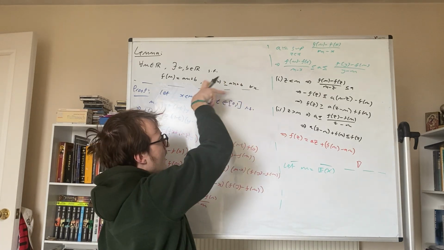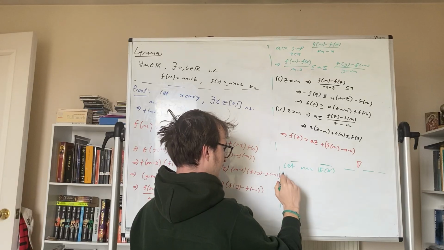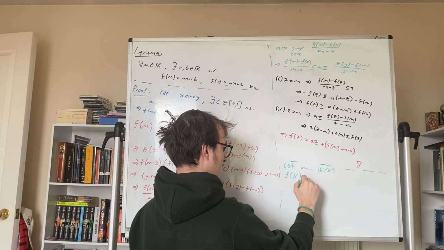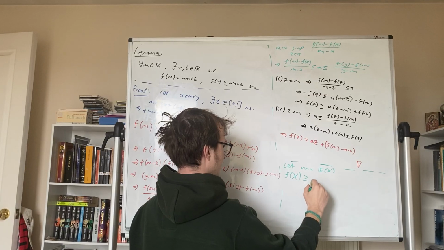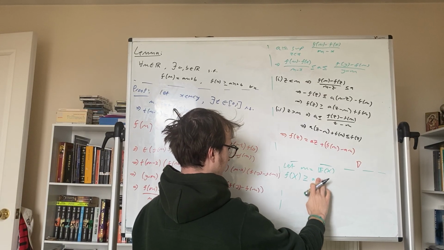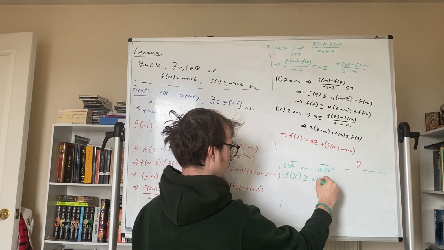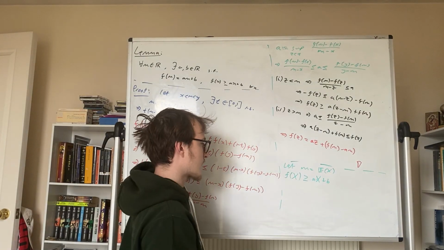If we apply our theorem to this case, firstly we have that f(X) is bigger than or equal to a times X plus b. So there are some real numbers a and b for which this is true.